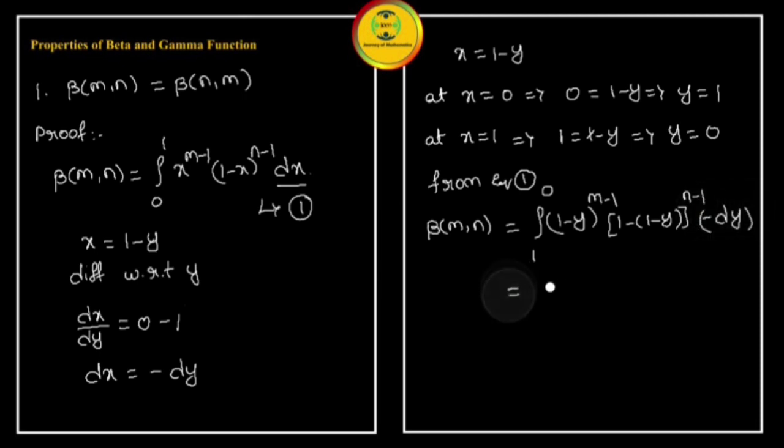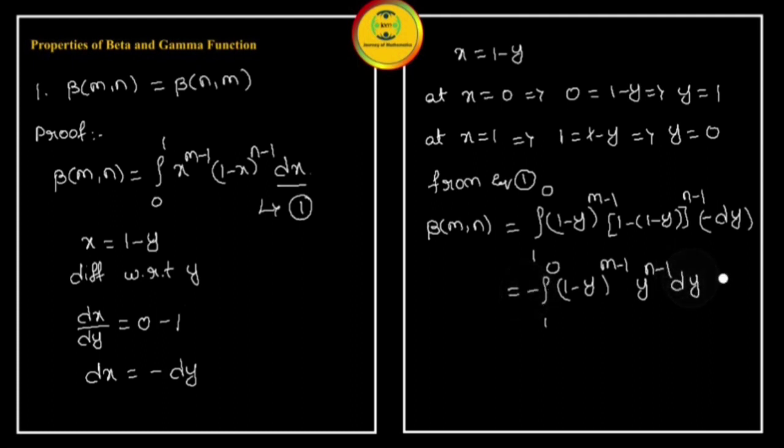So that means integral 1 to 0 of (1 minus y) whole power m minus 1. So 1 minus of (1 minus y) gives plus y. So you get y power n minus 1. This minus I can take outside, so dy you get.